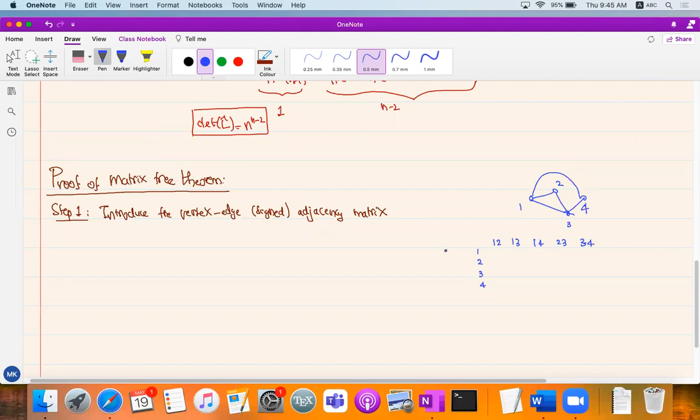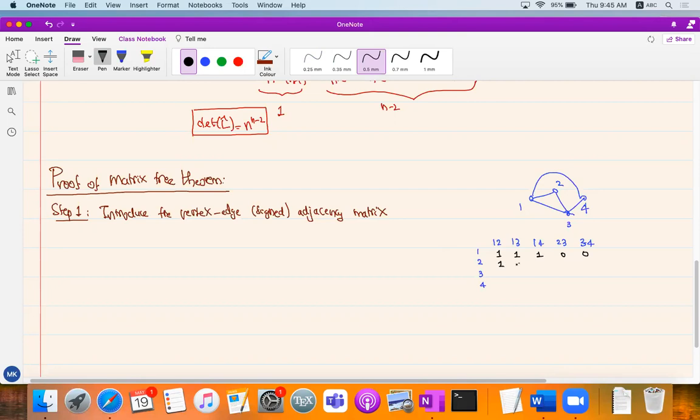And where do I put ones? Wherever a vertex is part of an edge, we put a 1. So for vertex 1, the row is 1, 1, 1, 0, 0. Now 2 is in which of these edges?